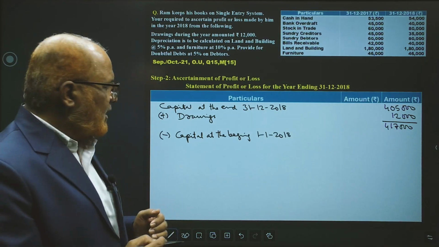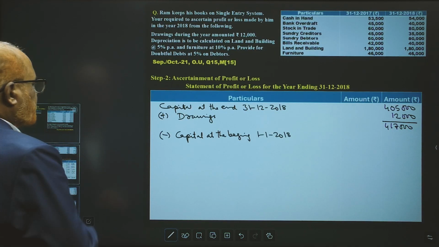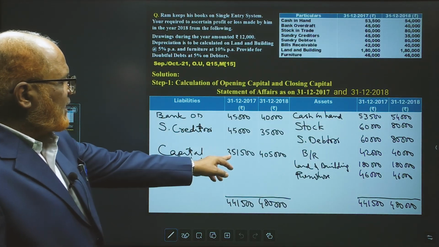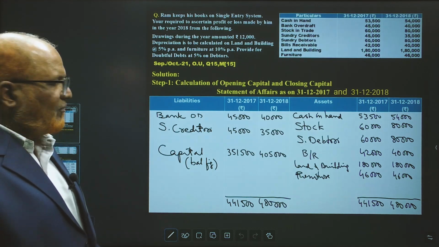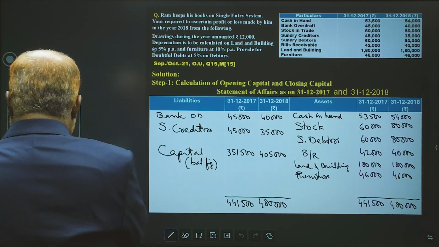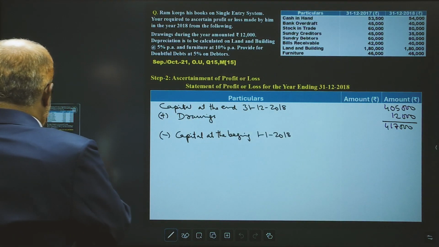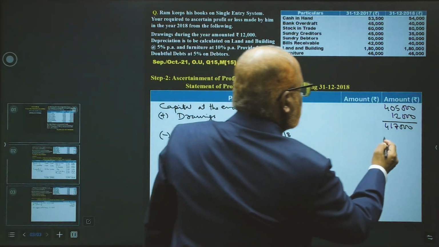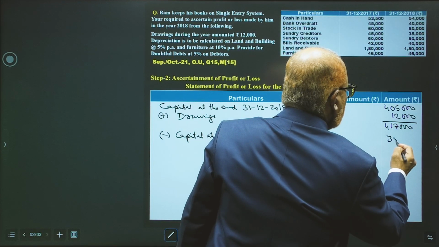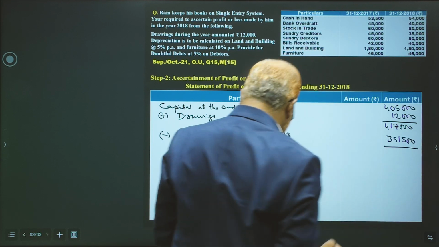So already in the first statement we have prepared, see here how much is the capital at the beginning of the year: 3,51,500. This is the capital at the beginning of the year. Now we'll come back to our step. 3,51,500, this we have to subtract.